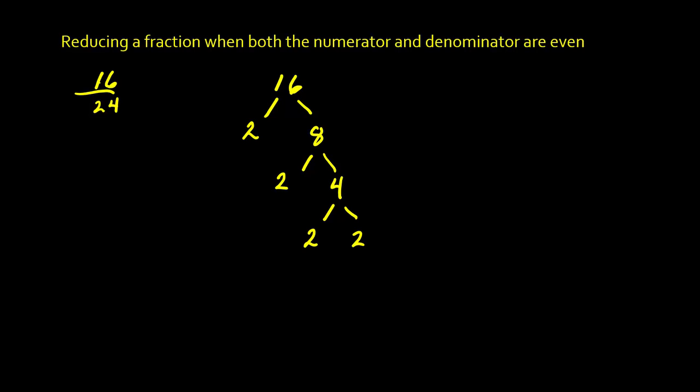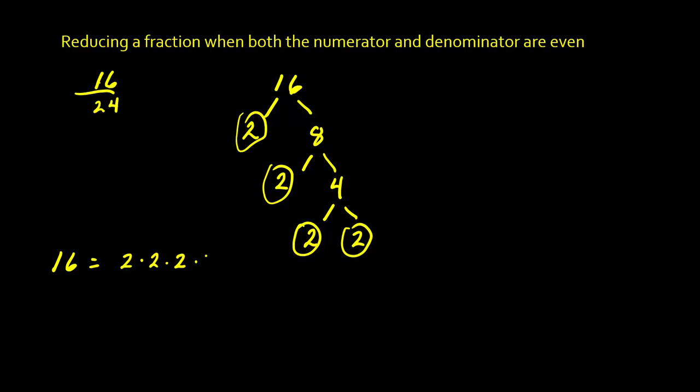And I'm finished at that point because 2 is a prime number. It can't be factored any further. So these are all of my factors. So I'm going to write 16 as 2 times 2 times 2 times 2.